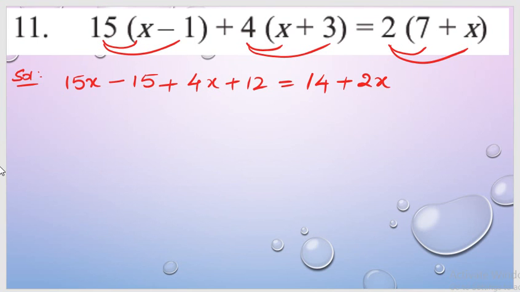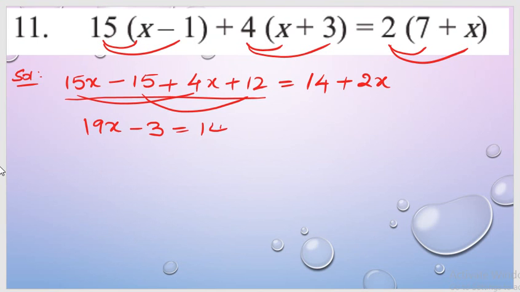Now what I am going to do is, first of all, I am going to simplify left hand side, and after that I am going to transpose. So 15 plus 4, it is nothing but 19x. So minus 15 plus 12 is nothing but minus 3 is equal to 14 plus 2x.